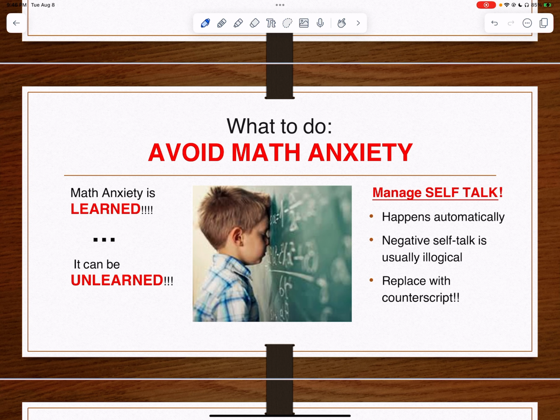So here is the good news. The good news is that this math anxiety is a learned behavior. I learned it. And I won't tell you any names, but I have to say some of my elementary math teachers made me very anxious.